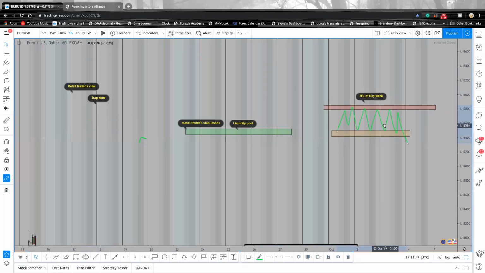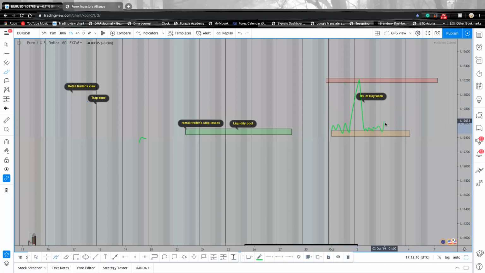So retail traders are seeing, let me just redraw this, a support being respected. Let's say this is the high. It jumps so high, but it's okay. I'm gonna move it. Imagine this is the high of the previous day.